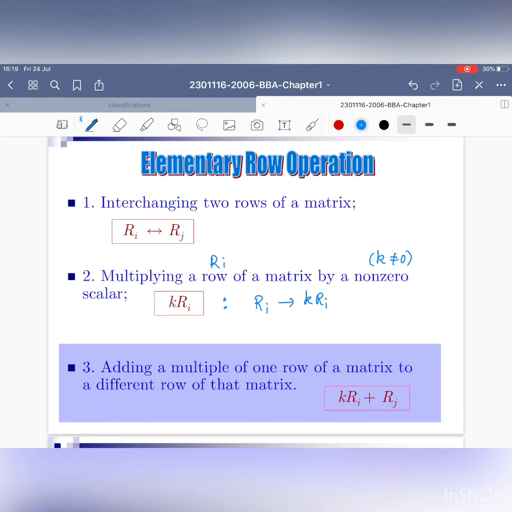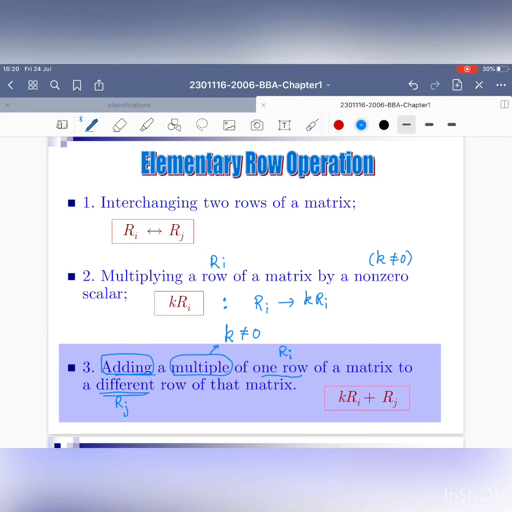And the third one is adding a multiple of one row. This multiple is also a k multiplier, and this k is not zero. So you multiply one whole row, Ri, of a matrix by k, and you add it to another row, Rj.